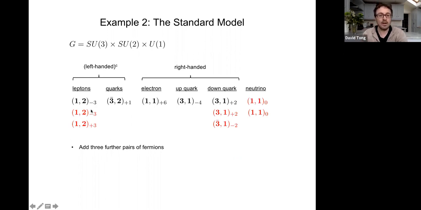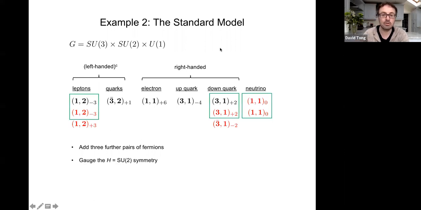So why have I done this? Well, you'll see that the first of each pair coincides with something that was already in the standard model, which means that having added these new vector-like fermions, I do have a symmetry in the game. The symmetry is an SU2 symmetry, which rotates the pairs of fermions in the green boxes.